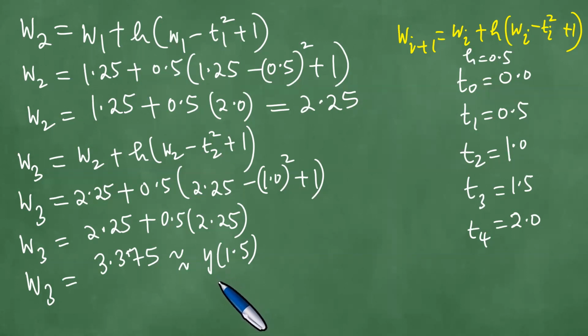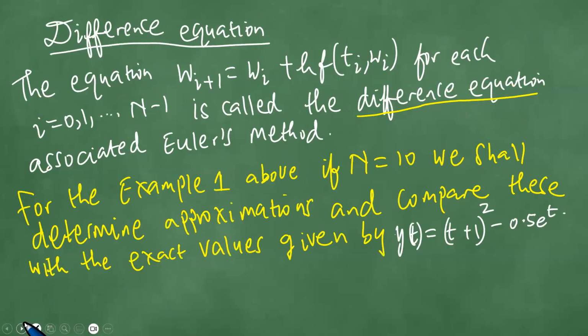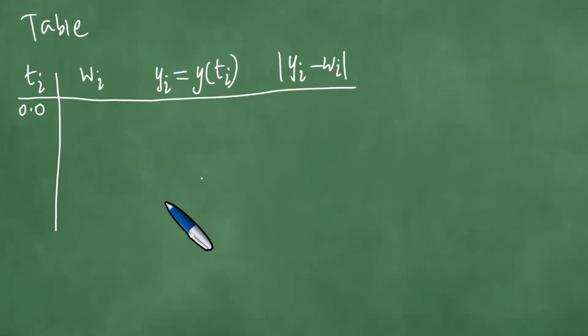For convenience, we're going to use a different H, just to get a bit more values. Because we want to stop at 2, but this is just by choice.